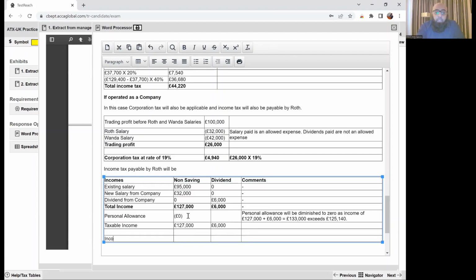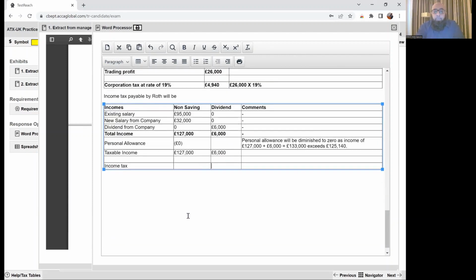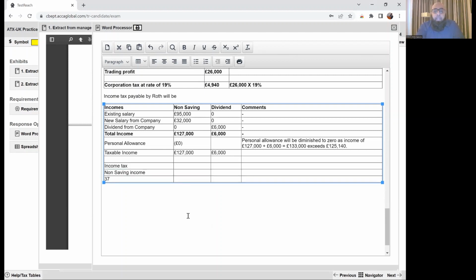Now let's calculate the income tax. Non-saving income: 37,700 at 20%. Now the remaining non-saving income is 127,000 minus 37,700.